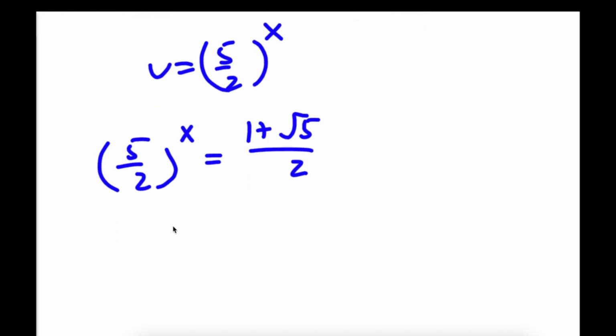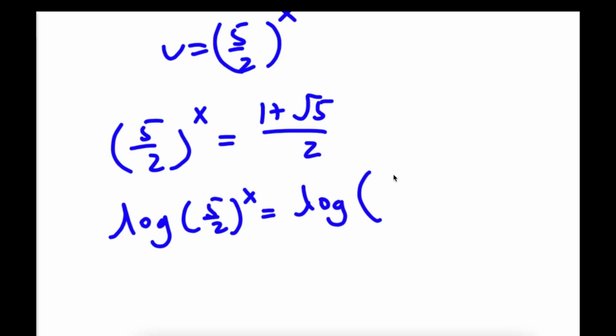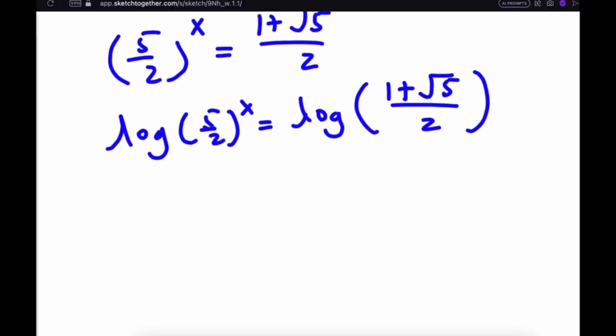Now I can take the log on both sides, so I have log (5/2)^x is equal to log of 1 plus the square root of 5 over 2. So now if I have something in the form log a to the power of b, I can actually move this exponent b to the front.